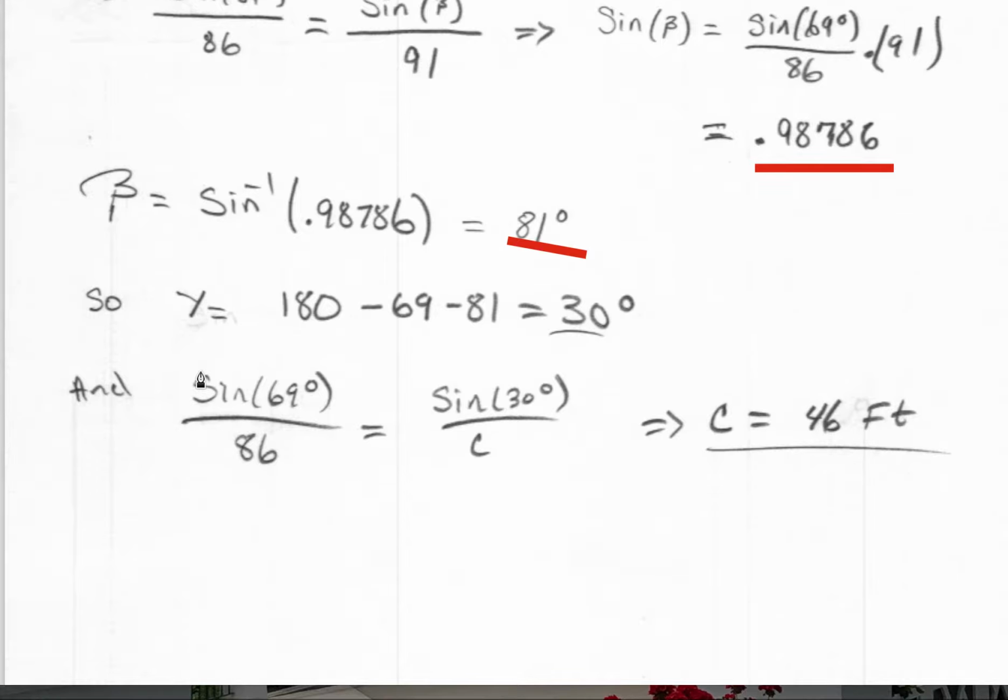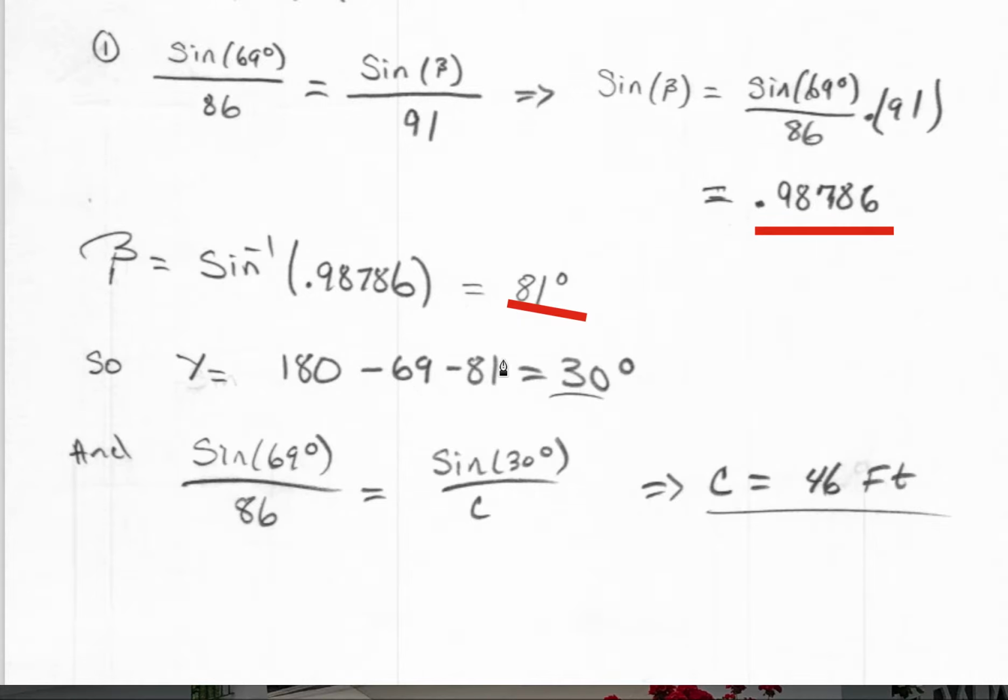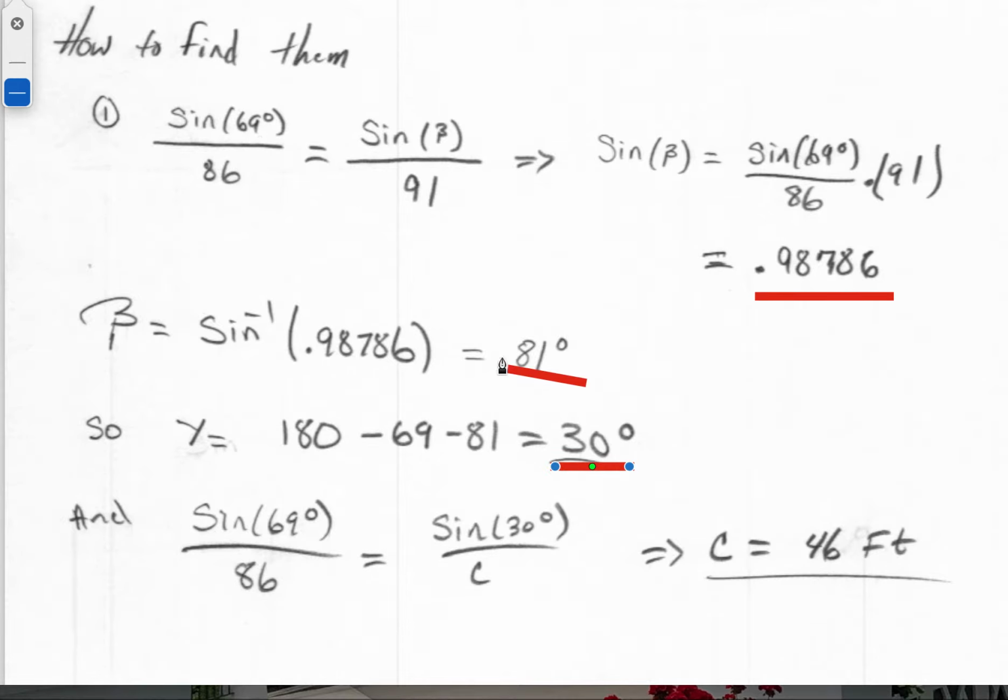If beta is 81 degrees, my gamma would be 180 for all three angles in a triangle, minus the 69 degrees they gave me, minus the 81 degrees I just found, and that tells me gamma is 30 degrees. If I add 30, 81 and 69, I get 180.